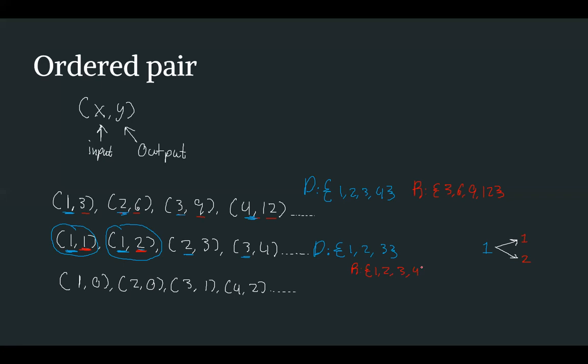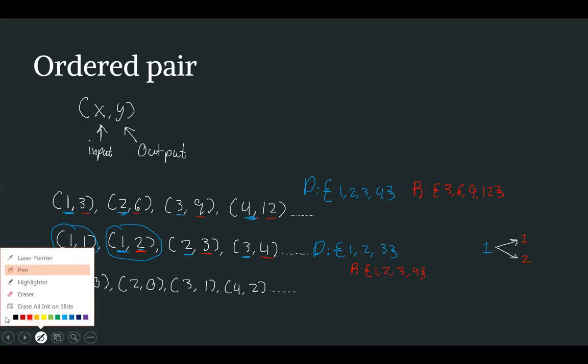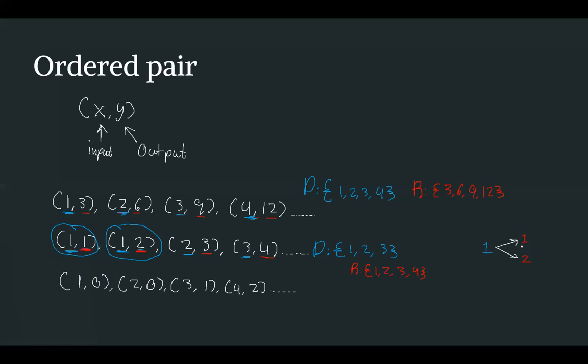For the range, the numbers are completely unique, just the same as the first example, except that in the domain you have the same number, 1 and 1, yet each of them has its own output. So it seems like 1 has two outputs, which are 1 and 2.